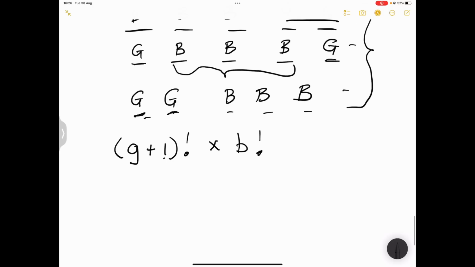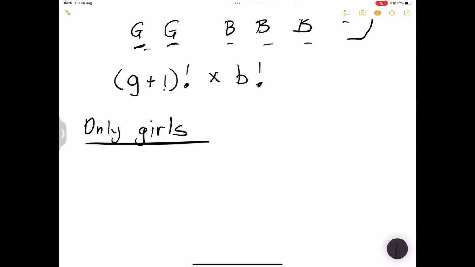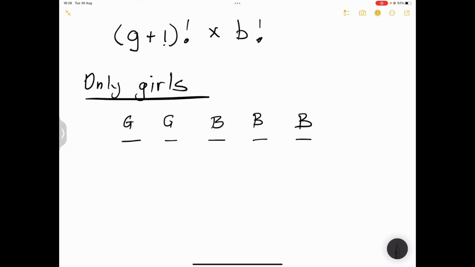Of course, if we had to also say only girls placed together, which is what I wanted to start with, if I only place the girls together, what I could have is girls here, and boy over there. Or what I could have is the first girl and boy, and a girl there. Or rather, sorry, we said only girls together, sorry about that.